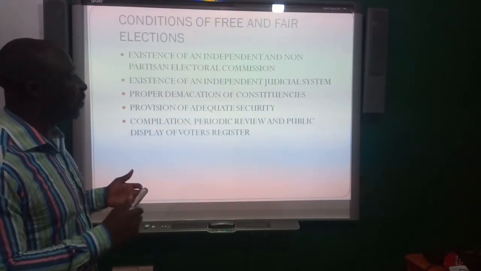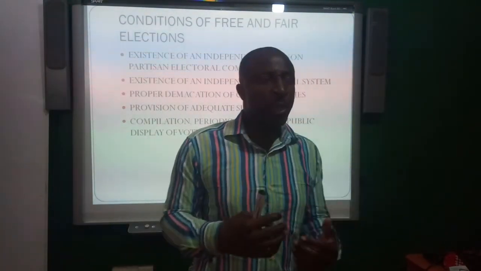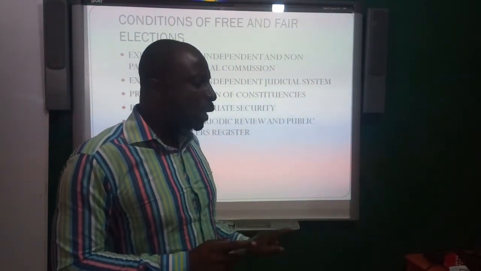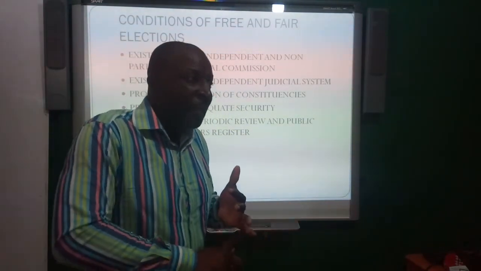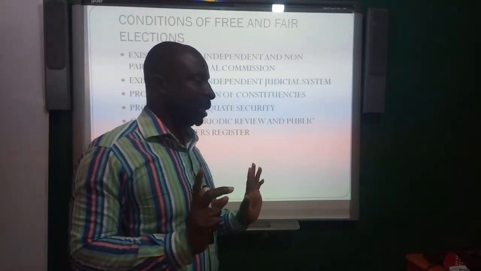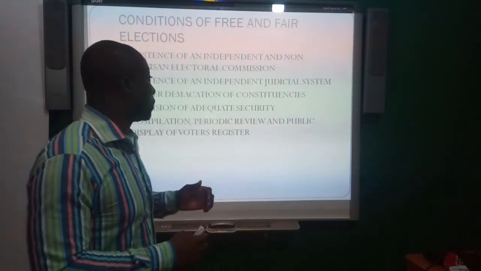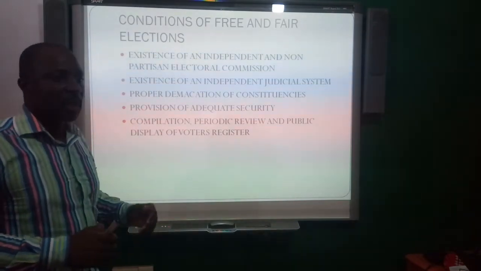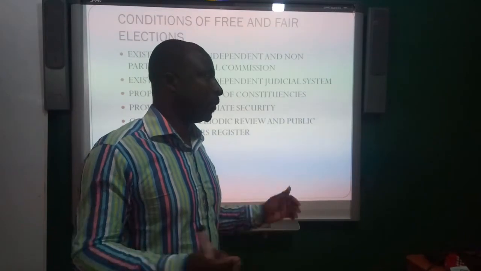In order to have free and fair election, there should be provision of adequate security. Provision of adequate security here, we are saying, should be before, during, and even after election. Most people go to the electoral centers because they believe they are strong. They bully electoral officers.